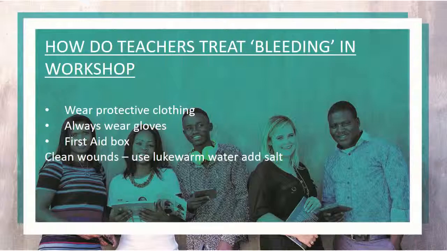Different things can happen in that workshop. So number 1, when the teacher finds out somebody is bleeding, the first thing is you must wear protective clothing. Now bleeding is not just for in a classroom.